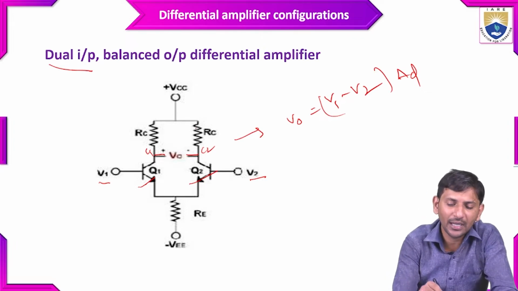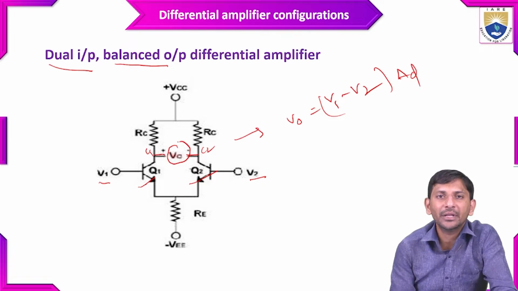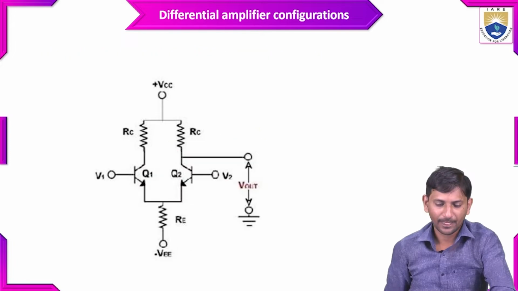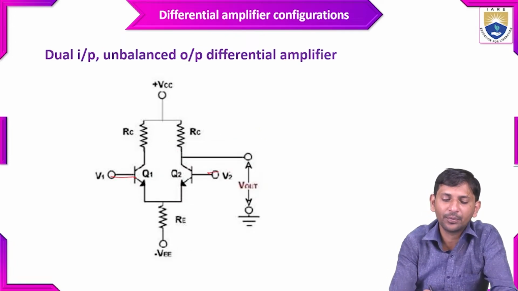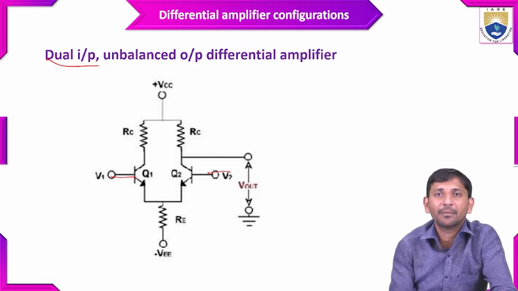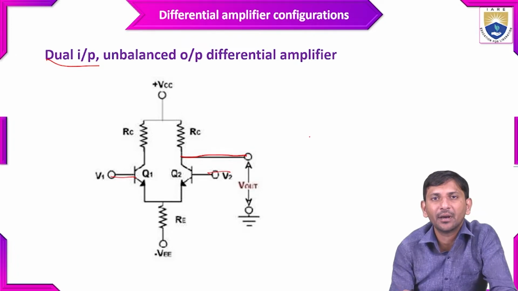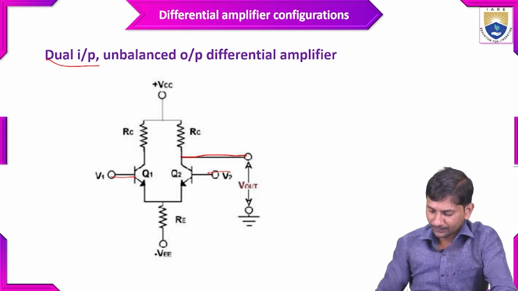Balanced output means we observe the output between the collector pins of your Q1 and Q2 transistors. Unbalanced means we give the dual input, both inputs applied, but the output is observed only across one of the collector pins of your output transistors Q1 and Q2.